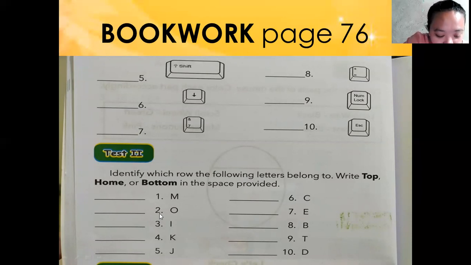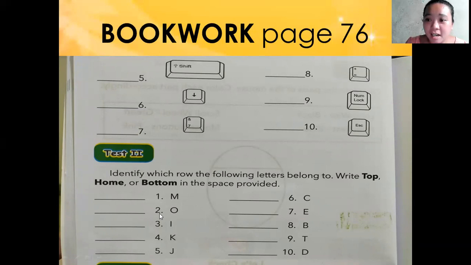Next, for the letter B, is it in top, home, or bottom? Next, for number 9, letter T. Is it on top, home, or bottom? And the last number, letter D. Is it on top, home, or bottom?